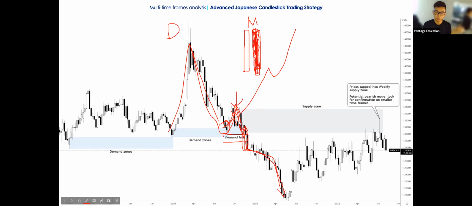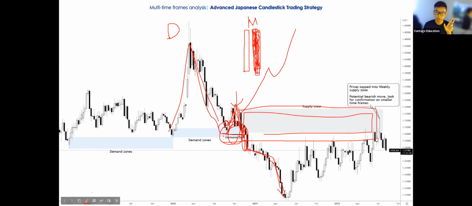Okay, so once there's a failure in the demand zone, it will actually create a new supply zone. Once the new supply zone is created, you're looking for a golden ratio retracement, which is, let's say, 50%, which is here. You might enter at 50%, you might enter at 61.8 or the 78.2 level.